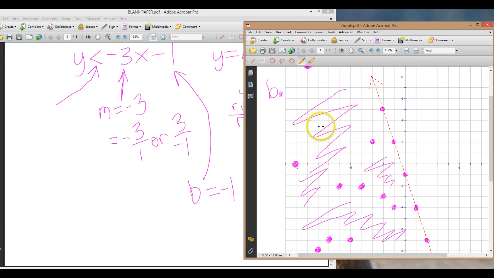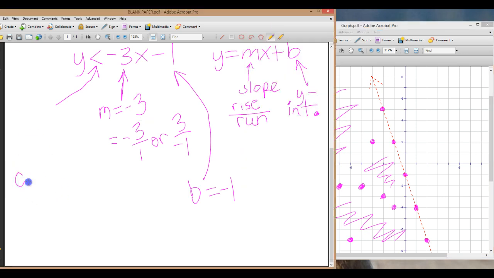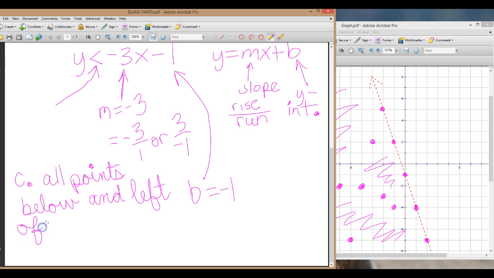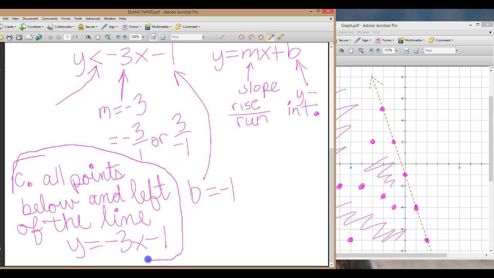So for part C, we would say that it represents all points below and to the left of the line y equals negative 3x minus 1. And that's that.